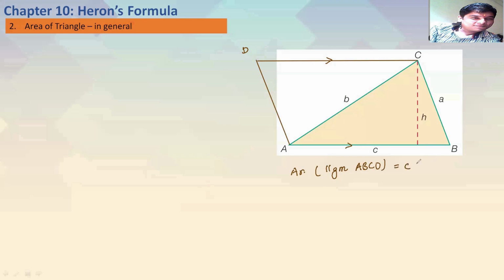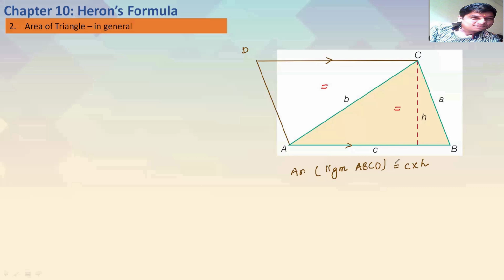Now, Manya, do you recall the theorem in quadrilaterals that if we have a diagonal in a parallelogram, the parallelogram is divided into two congruent triangles? So this triangle and this triangle are identical.